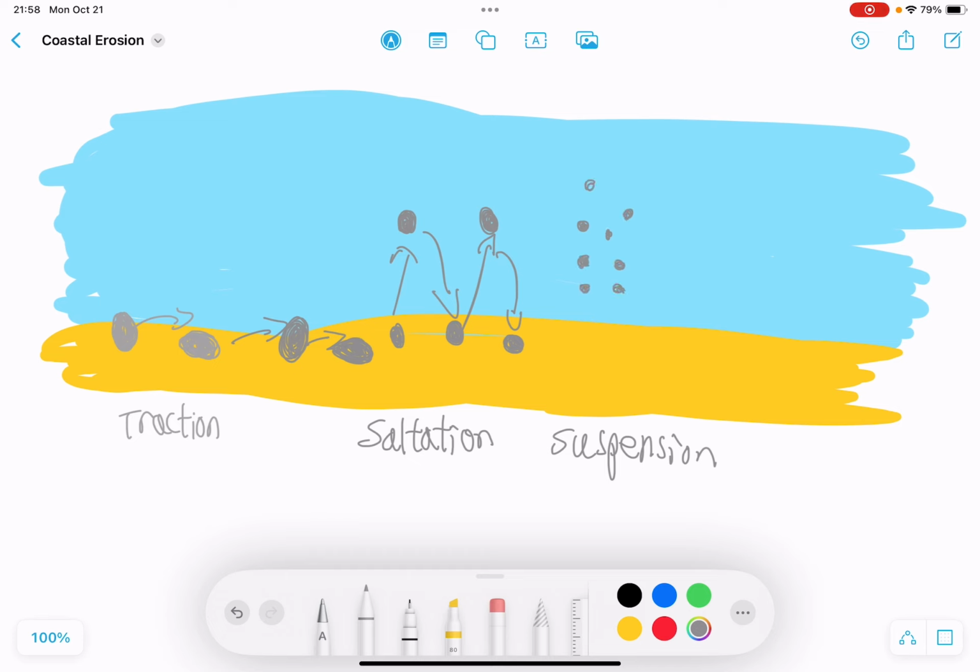So they're floating in this current. They're all over the place. Some are on the seafloor, some are not. Some are moving in one direction, some are moving in the other. It's like when you drop something in the sea and it just washes away in a random direction. This is suspension.